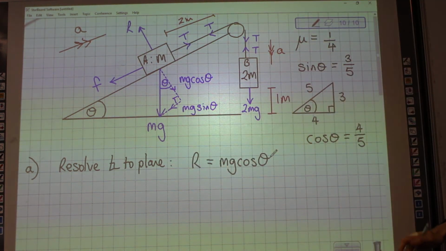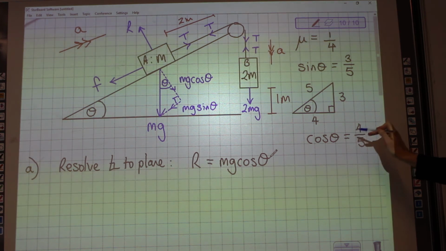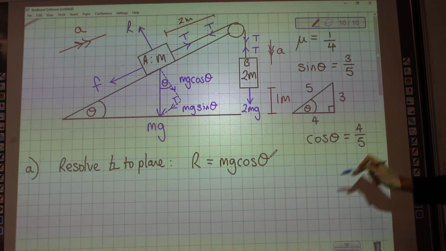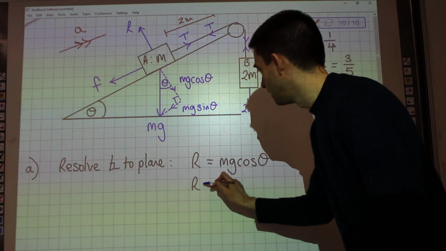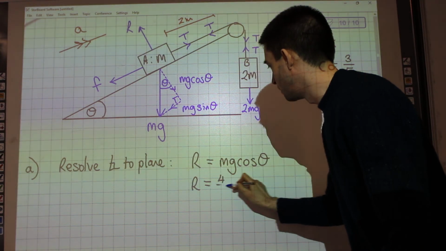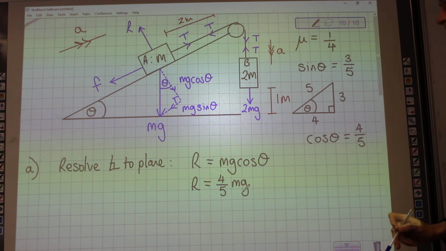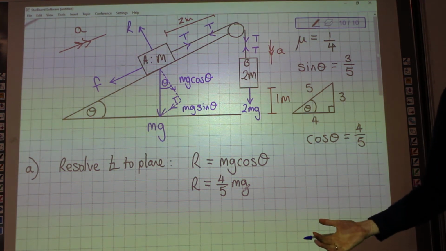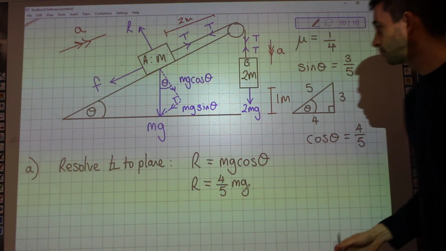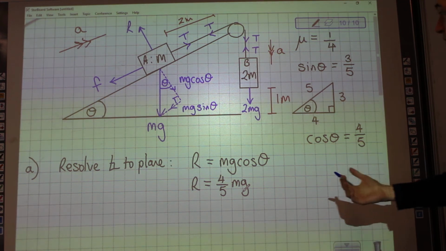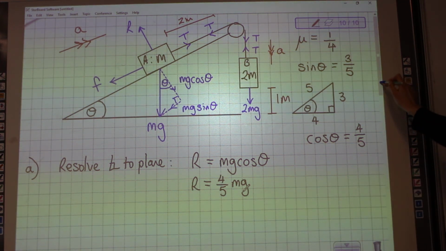So R equals mg cos theta. Now at this stage I know that cos theta is 4/5, because I worked that out earlier. So what I'm actually going to write is that the reaction force is 4/5 mg. You could write 0.8 mg if decimals are your preference. The purpose of doing that was to find out friction.